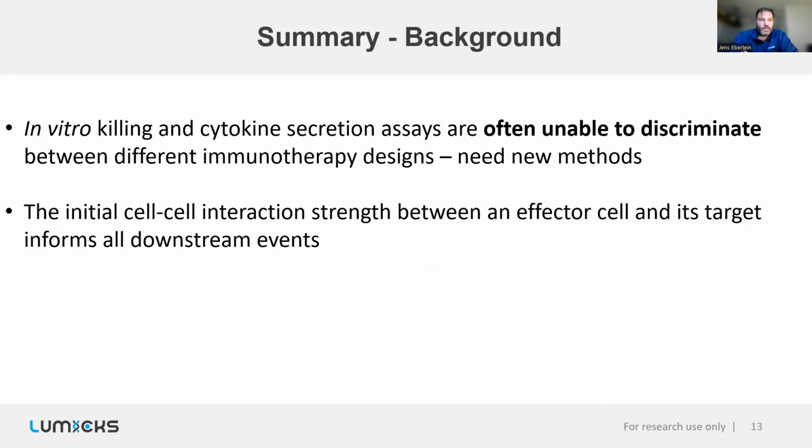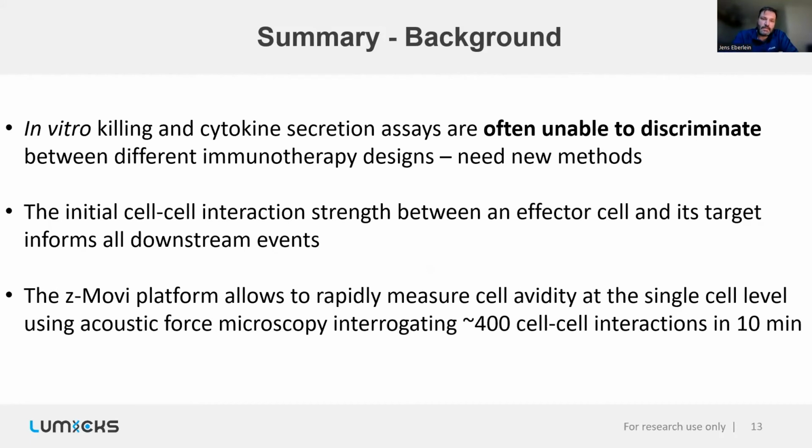The initial cell-cell interaction strength between an effector cell and its target informs all downstream events, right? Immune synapse formation, the quality thereof, is very important. And our platform allows you to rapidly measure the cell avidity at the single cell level for about 400 cells in under 10 minutes.